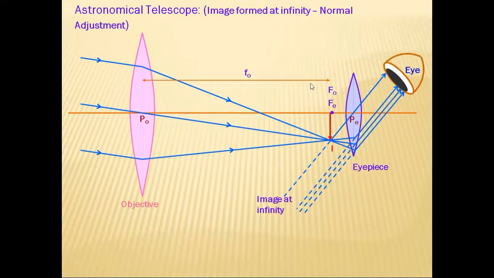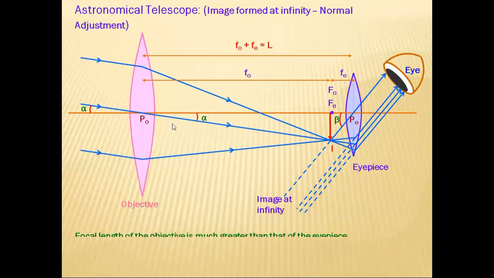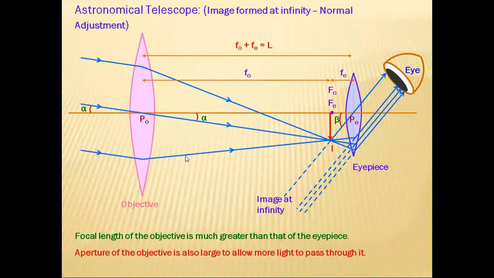The length between the two foci is f0, and this is also fe. The length between the two focal points is L equals f0, the objective focus, plus fe, the eye focus. This is the considering angle, and we discuss the equation in the next slide.